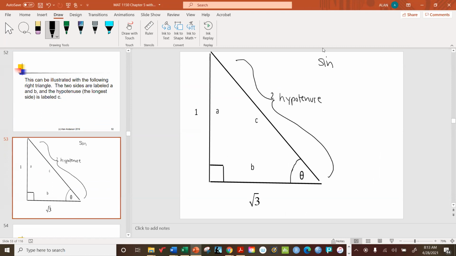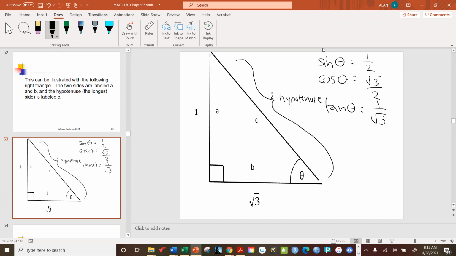For example, the sine of theta would be, remember, sine is opposite over hypotenuse, 1/2. The cosine is the adjacent, down here, radical 3/2. The tangent would be the opposite over adjacent, in other words, 1/radical 3. Then we would have our cotangent, which is radical 3/1, or just radical 3.